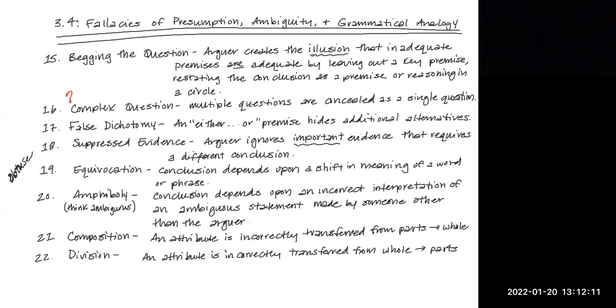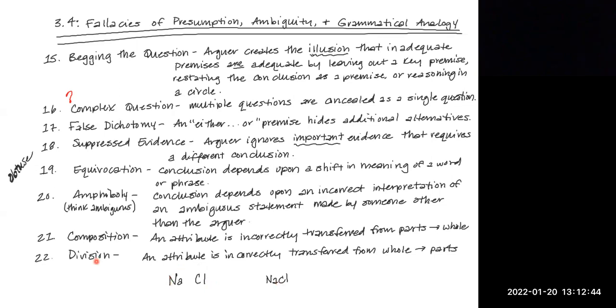So for example, if I said sodium and chlorine are both poisonous substances, therefore NaCl, or table salt, must also be a poisonous substance, that would be incorrect, because even though sodium and chlorine are separately poisonous substances, table salt is not. I mean, unless you have high blood pressure, I suppose. So it's incorrectly saying that because the parts are a certain way, the whole is a certain way.